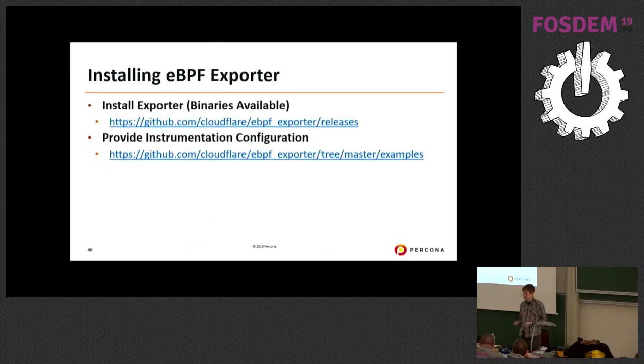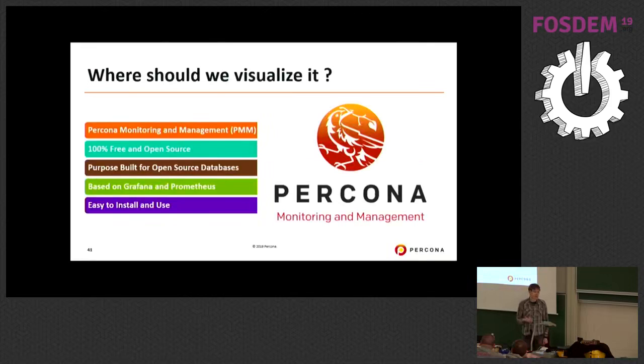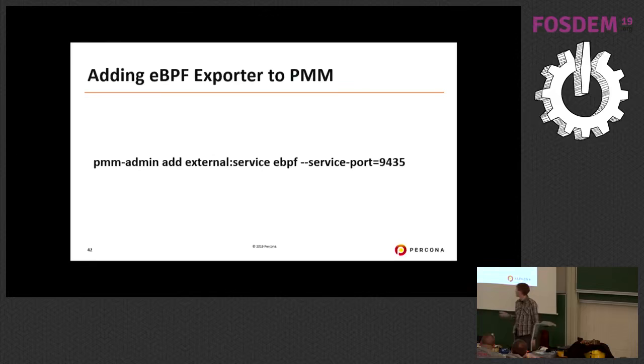For the eBPF exporter, there are binaries available, right? You can get that and also provide the configuration information. You can plug it into a standard Prometheus, of course. I also show you how to integrate that with our open source monitoring tool called PMM, where you can pretty much add it as an external exporter.